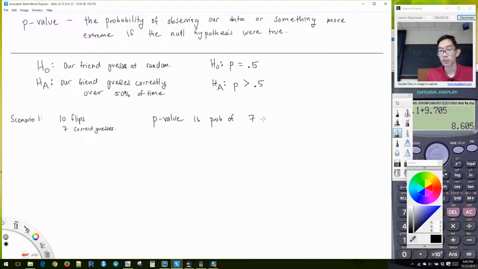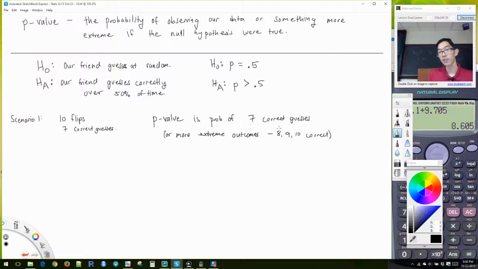So probability of 7 correct guesses or something more extreme, which would be what? What is more extreme than getting 7 right? Getting 8, 9, or 10 right, okay? 7 correct guesses or more extreme outcomes, so that's 8, 9, or 10 correct.